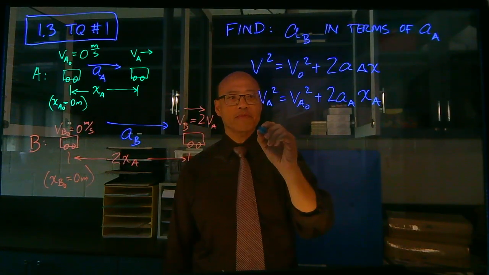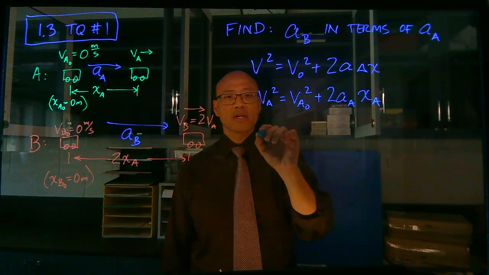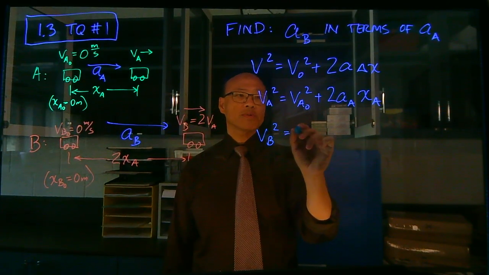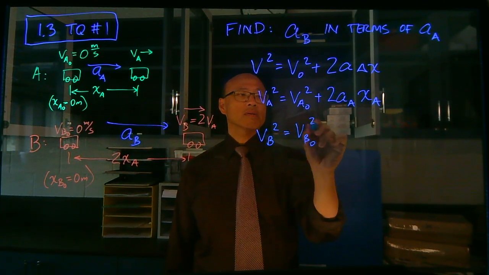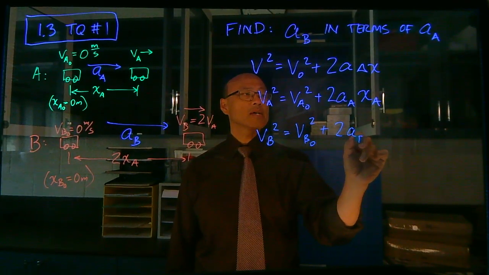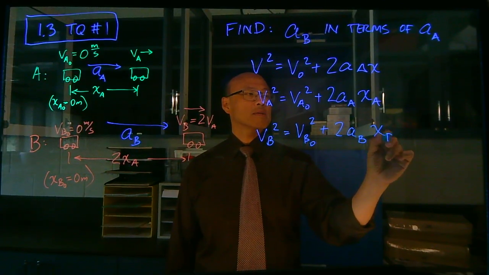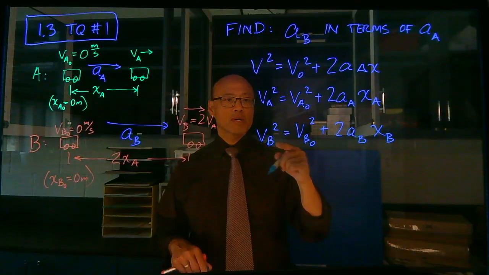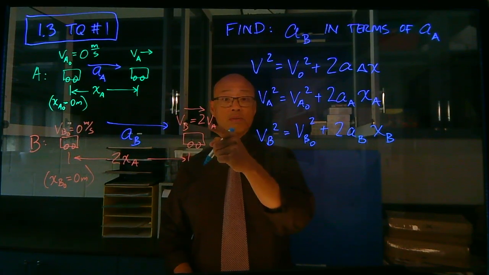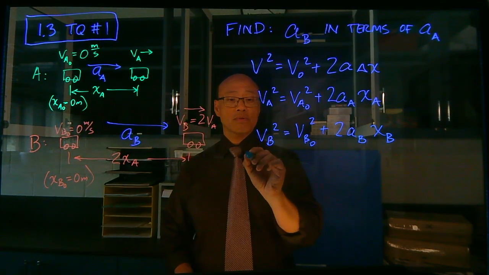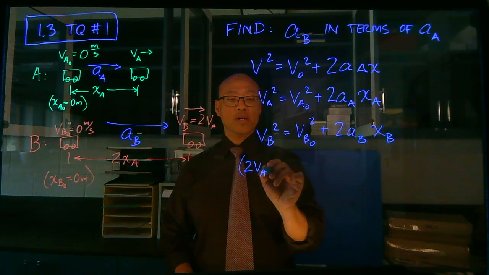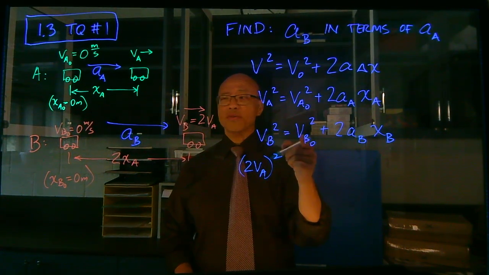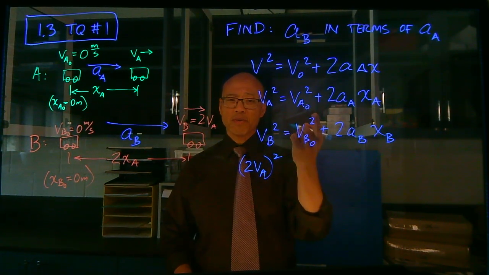So I'll write VB. I'll look at B now. I'll do the same thing. I'll go VB squared is equal to VB naught squared plus 2AB XB. But we can simplify some things. So this guy is actually 2VA. So this is 2VA squared. This is just 0, right? In fact, they're both 0.